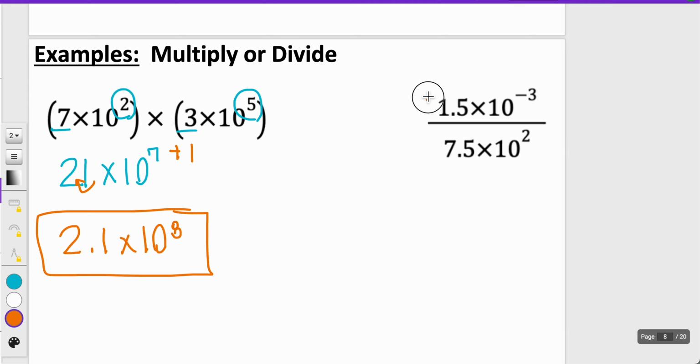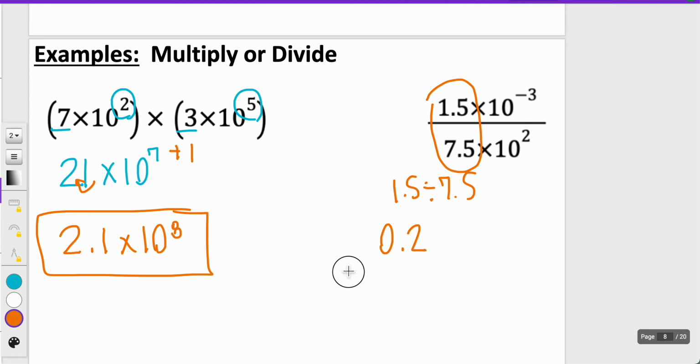Over here, it looks like I need to divide my decimals first. That's 1.5 divided by 7.5. So 1.5 divided by 7.5 is 0.2. It looks like I'm going to have to move my decimal to the right. So just keep in mind, when I move it to the right, I'm going to end up subtracting. Okay. Negative 3 minus 2 is what I need to do with my exponents.